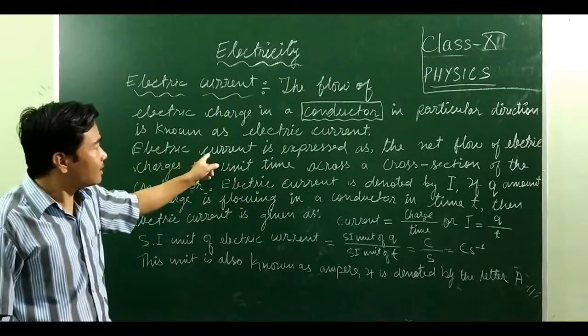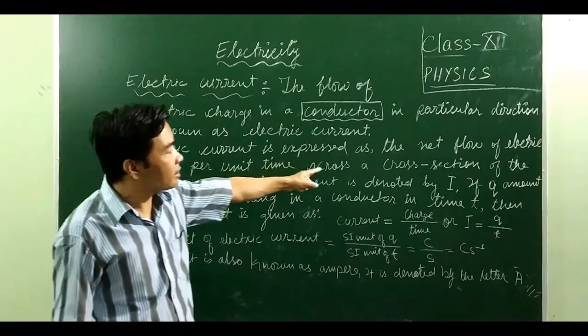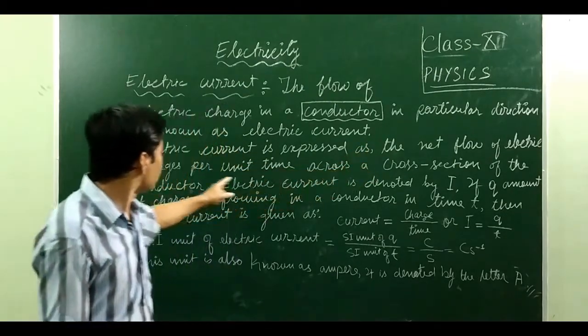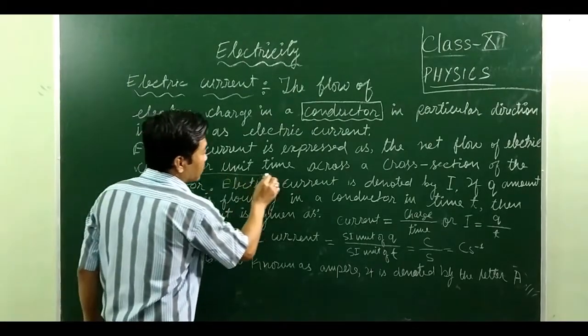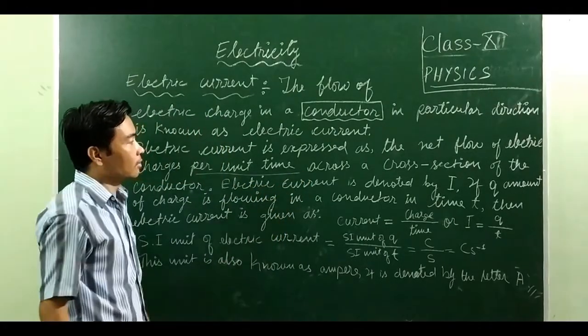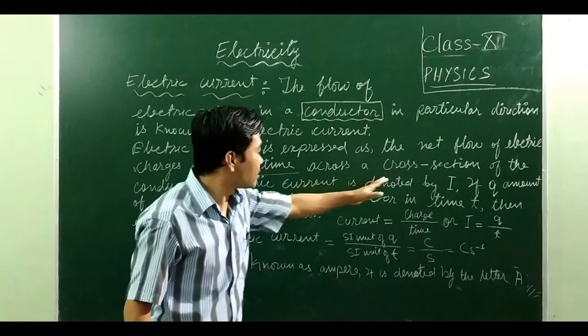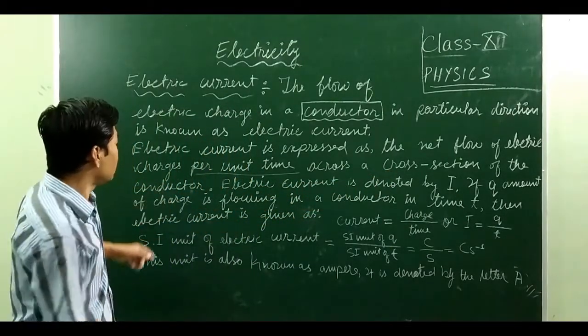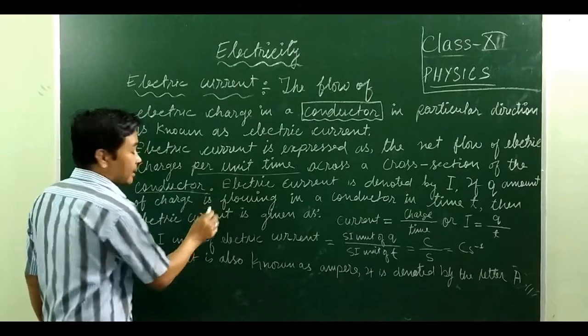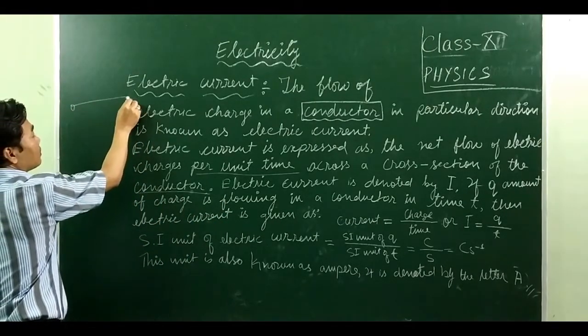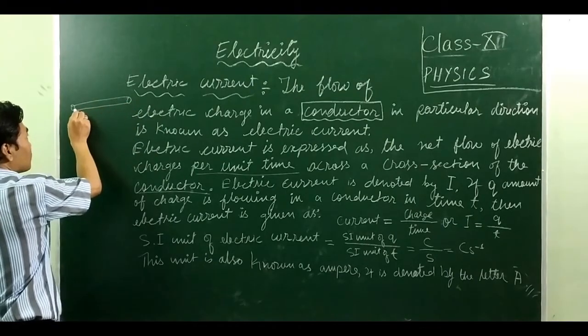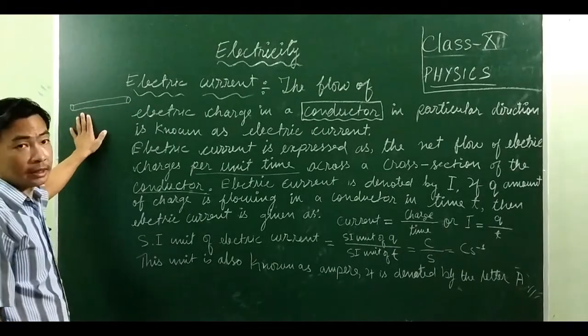Electric current is expressed as the net flow of electric charges per unit time across a cross section of a conductor. For example, let's say this is a wire.